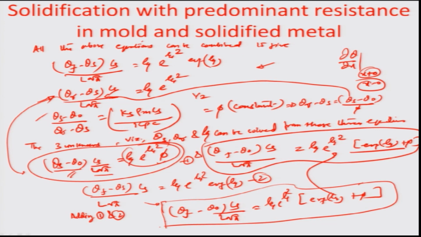In this case the only addition that has happened is to the right-hand side, and this new constant φ, which is actually the ratio between Ks ρs Cs and Kρ C. Ks basically is the solidified metal's thermal conductivity, specific heat capacity and density of the solidified metal, and this Kρ C are those associated with the properties of the mold that is in question. So, this new φ gets added up in this expression, which would give you predominant resistance in the mold as well as the solidified metal.